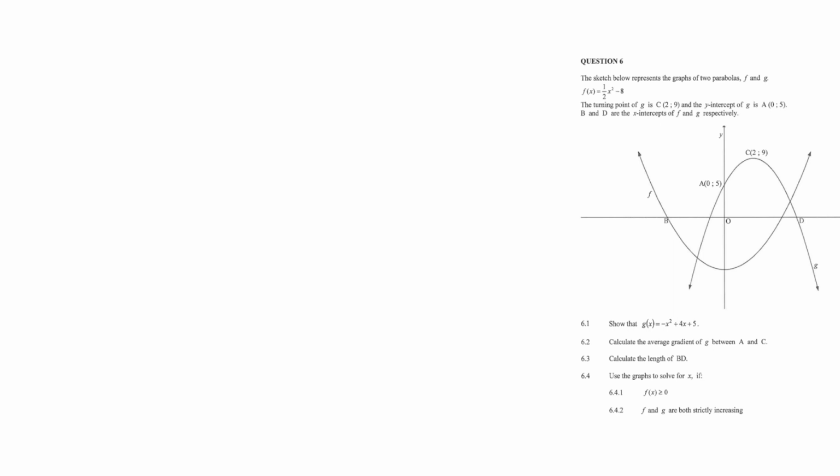So basically they want us to prove that the graph of g looks like that. In other words, we have to identify it. So how are we going to identify the graph of g? What kind of information do we have about g? We know that it's a parabola.